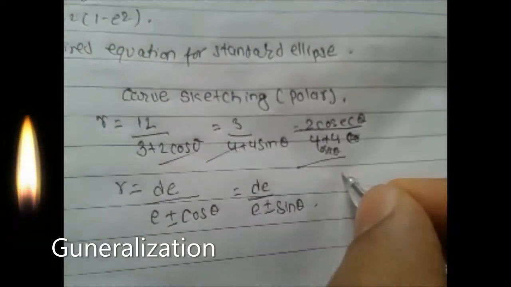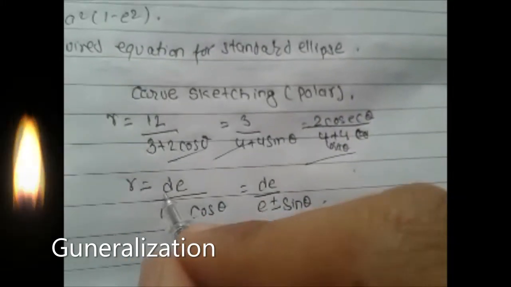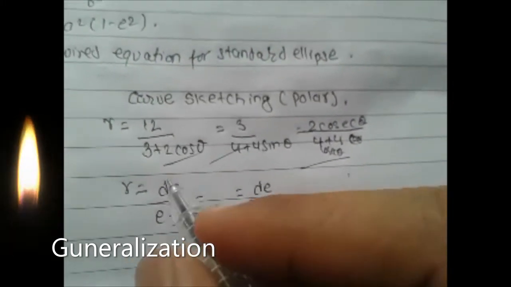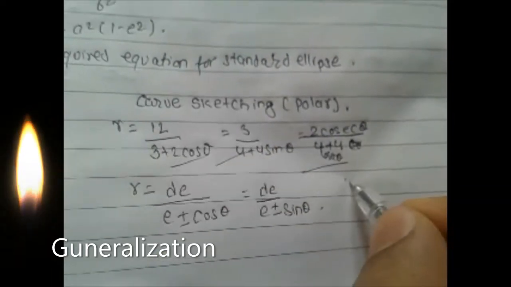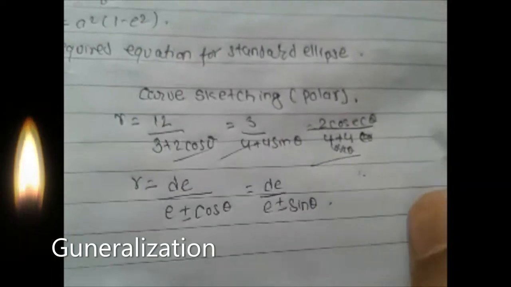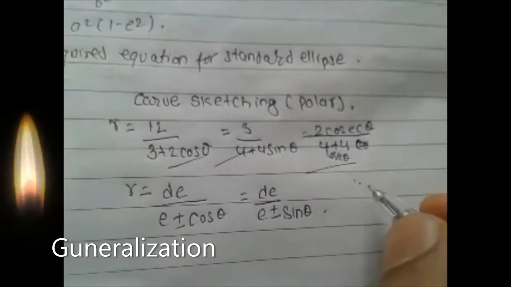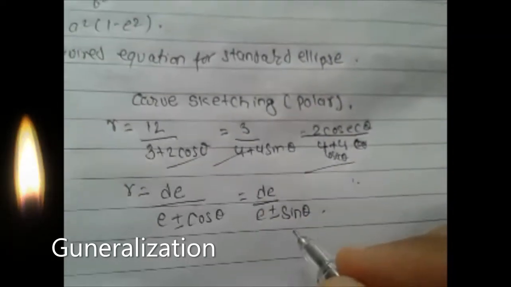So what does d represent? d represents the directrix, and e represents the eccentricity.